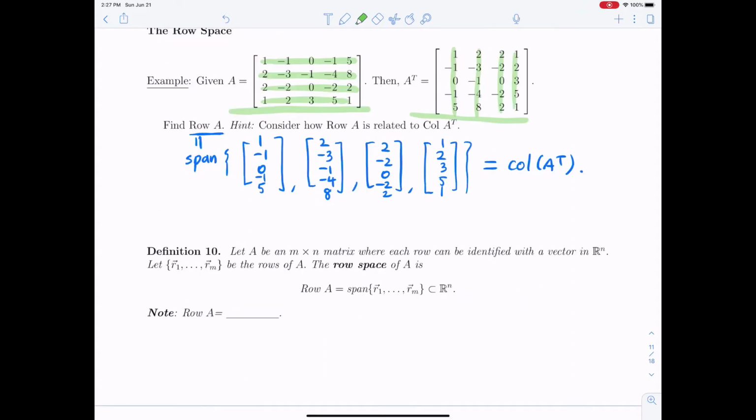So in general, suppose that A is an n by n matrix, then we can identify each row to be a vector in R^n, and let's say R1 to Rn are the rows of A. Then the row space of A is defined as the span of these vectors, and we've seen that the row space of A equals the column space of A transpose.